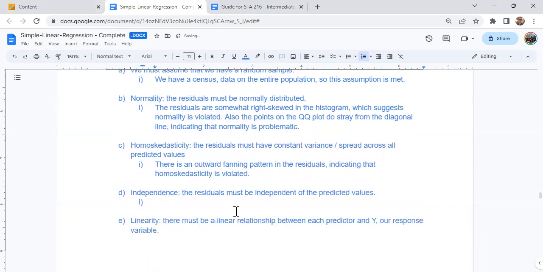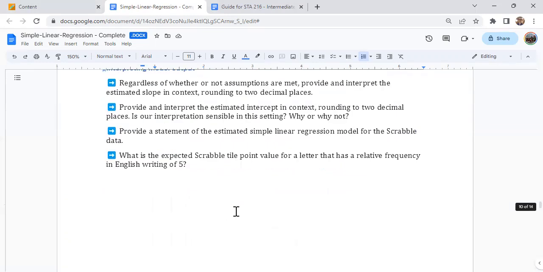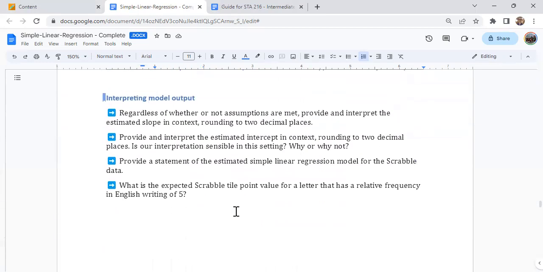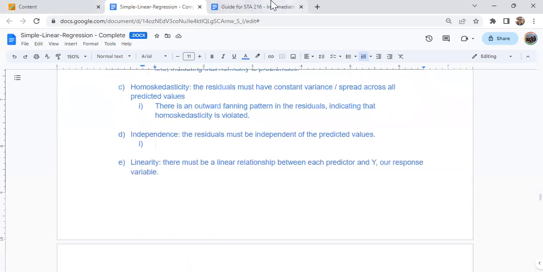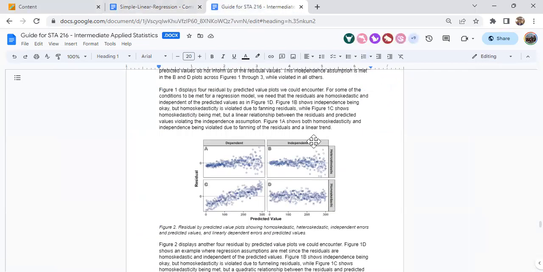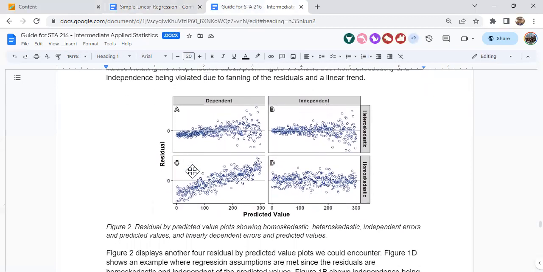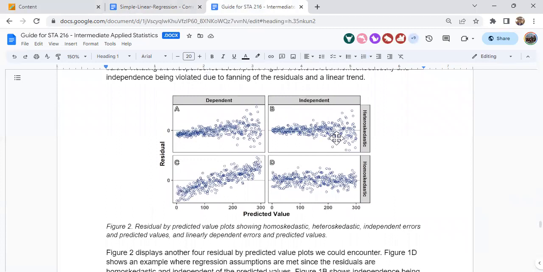A new assumption that we did not check for ANOVA is that we need the residuals to be independent of the predicted values. Okay, so I'll go to the guide document to show what I mean here. I give some examples.